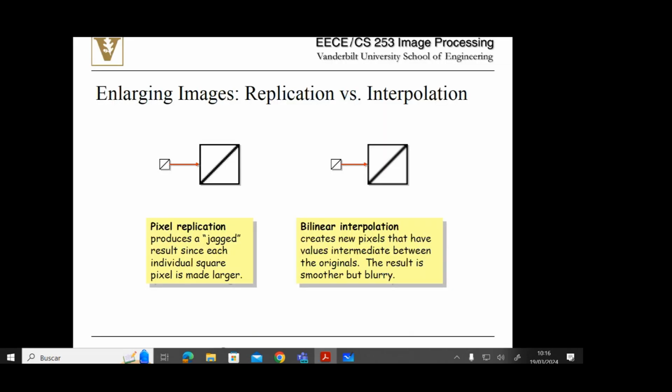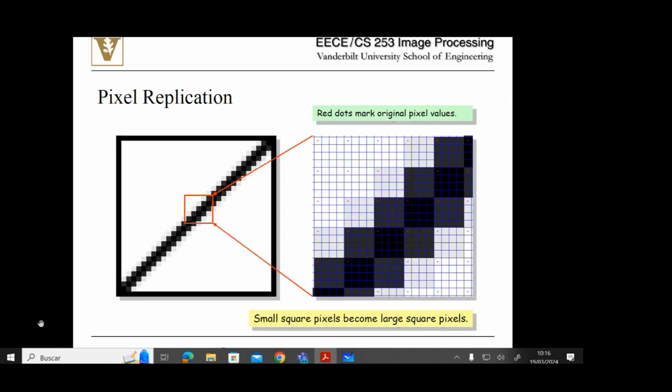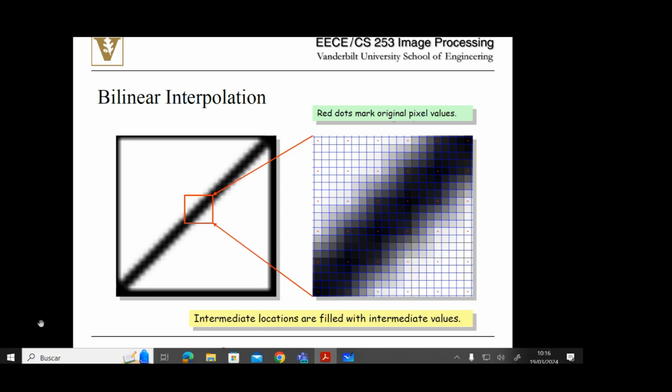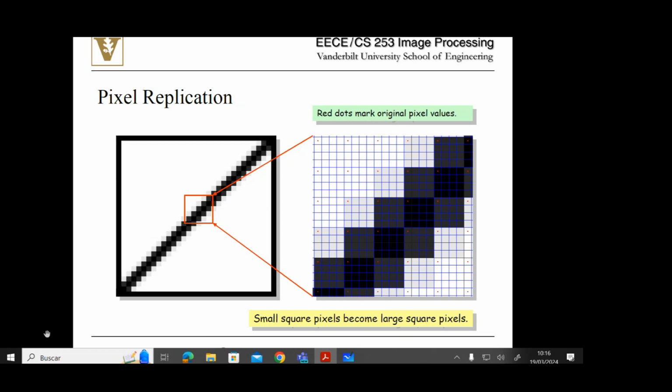Okay, so now let's see. Pixel replication was having this kind of response. Now, can we make it smoother? Why make these very sharp transitions?